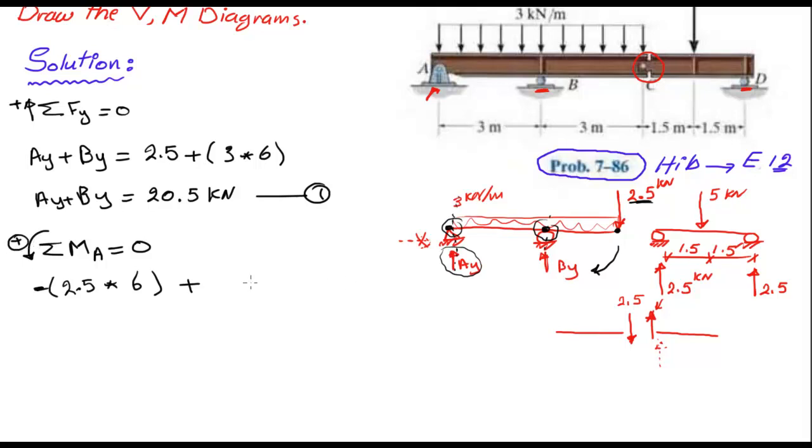Now plus, let's take the second force. We don't have anything here yet, but let's try, for example, BY. So we have BY multiplied by the distance, which is 3 in this case. It's rotating this way, so it's positive.